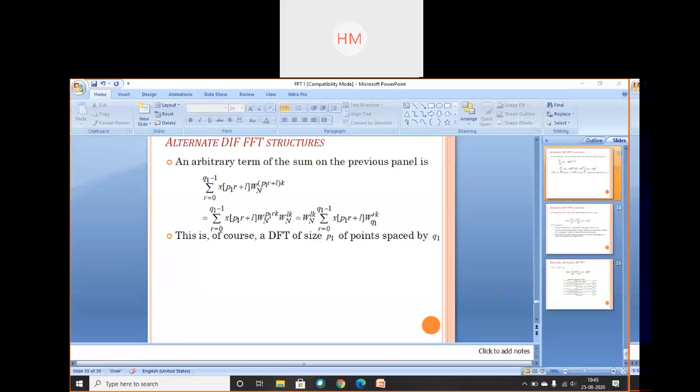So how will you start? What is the first step? It depends on you. You can select your first step. So what will you prefer? Aditi said twiddle factor.